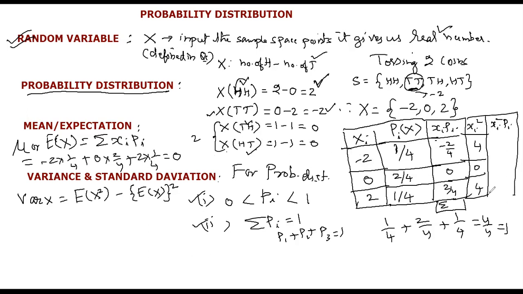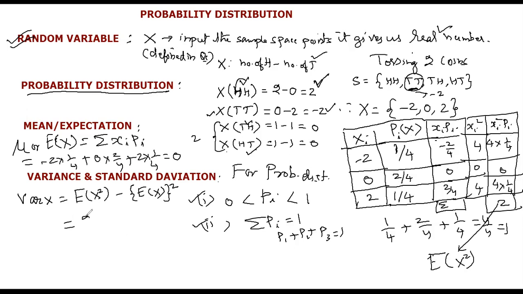Multiply, and this summation will represent E(x square). E(x square) is the square of x multiplied with the probability: 4 into 1 by 4, 0 square is 0, and 2 square is 4 again, 4 into 1 by 4. So that is coming 2.